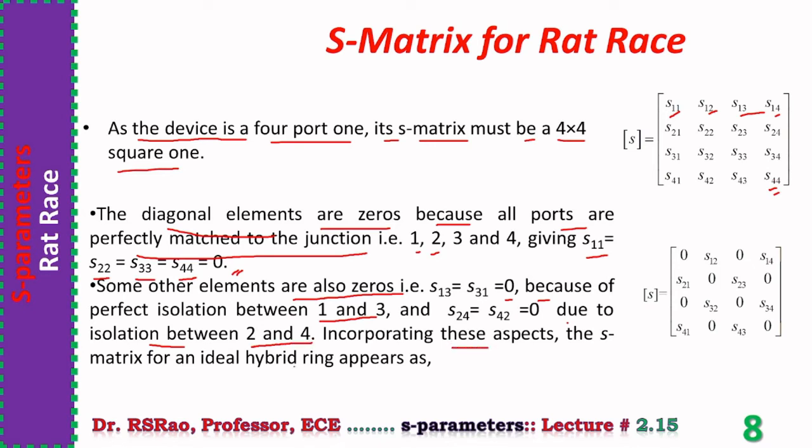Incorporating all these aspects, the S matrix for hybrid ring appears as 0, S12, 0, S14, S21, 0, S23, 0, 0, S32, 0, S34, S41, 0, S43, 0. Notice the reduction in the number of unknowns. To begin with, it is 16. Now it is not so. Number of unknowns are fewer than 16.